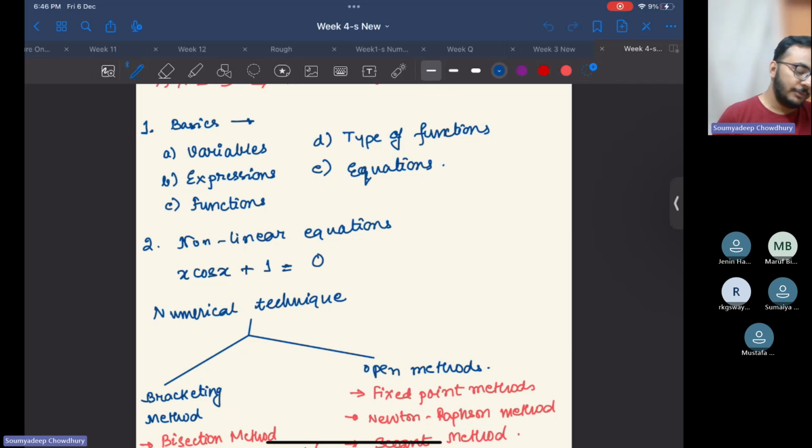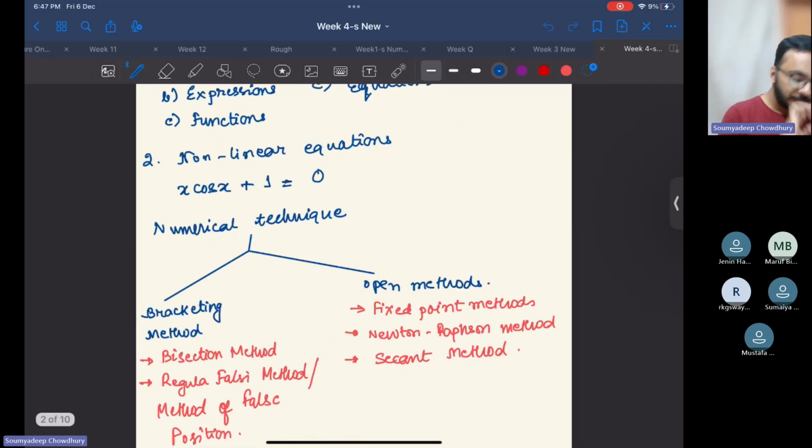An example of a nonlinear equation is what I have shown here: x cos x + 1 = 0. So x is a variable, whereas cos x is a function. The combination of these gives me x cos x + 1, which is an expression. And I'm putting a condition on this expression that it needs to be equal to 0. So this is called an equation.